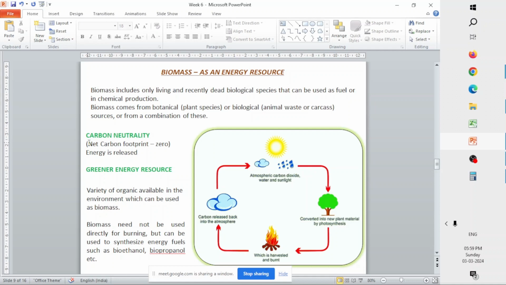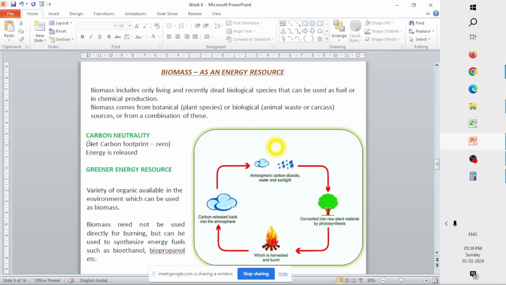Something that gets fossilized over millions of years of process, upon high temperature and pressure, is what is called fossil fuels. Biomass is something that exists in the present times, right at the moment.